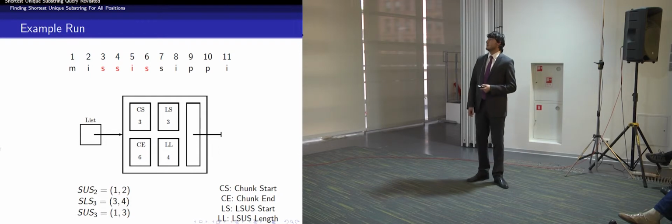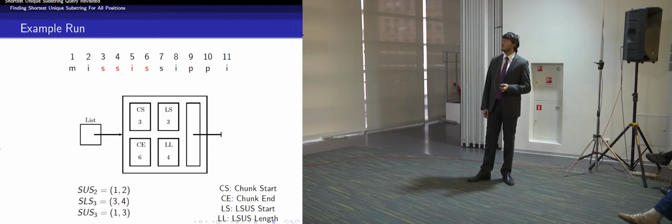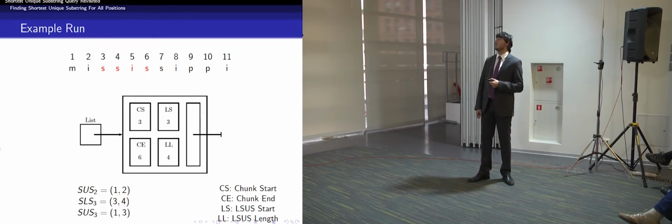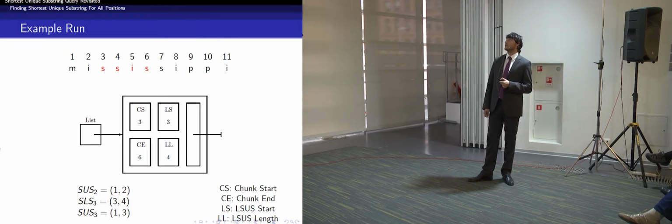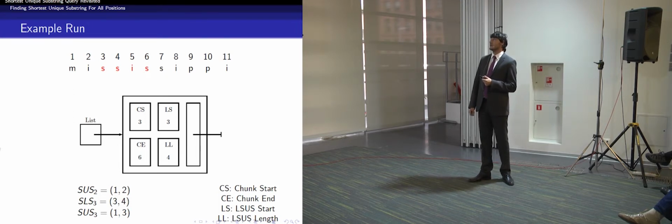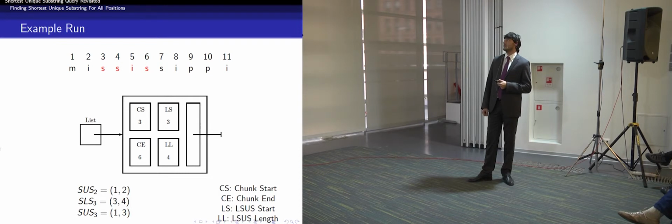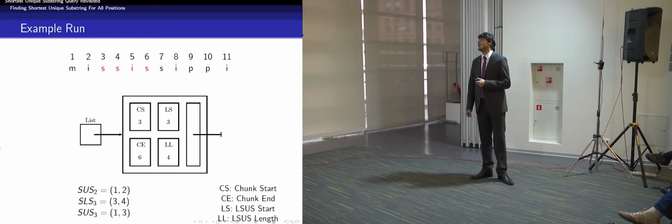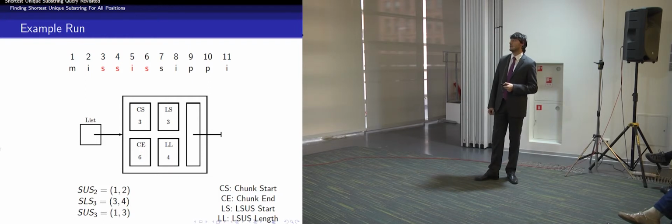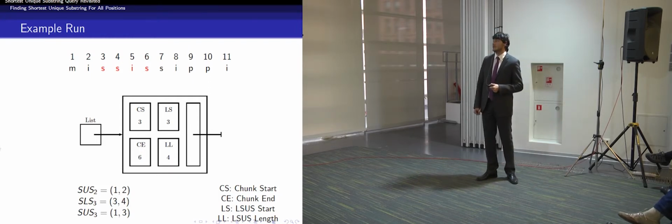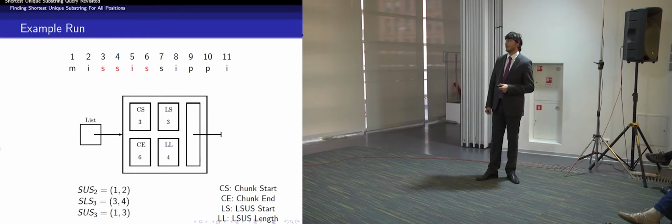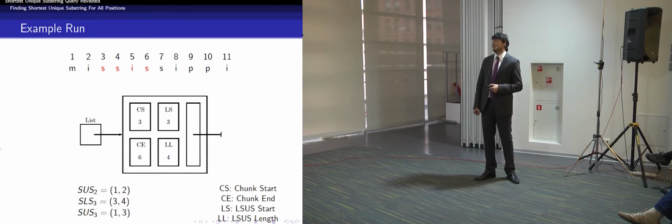Third iteration, again we calculate the LSAS. Because it's shorter, it's a better candidate, so we discard the previous node and create a new node with the new candidate. We then read the SLS3. LSAS 2 was 1, 2; SLS3 is 3, 4.